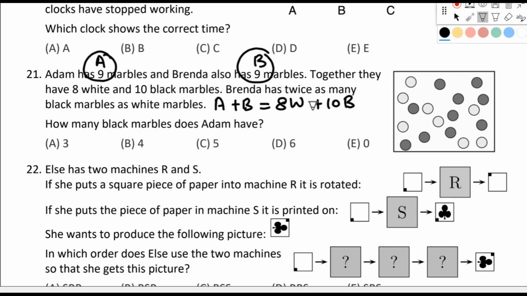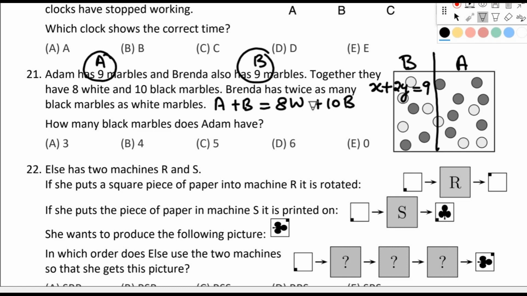Brenda has twice as many black marbles as white marbles. So I'm just creating a table for Brenda and Adam.